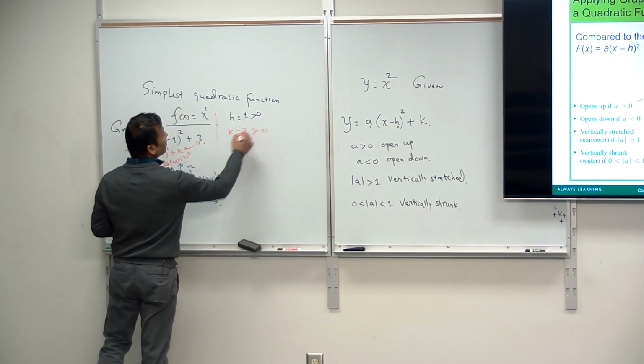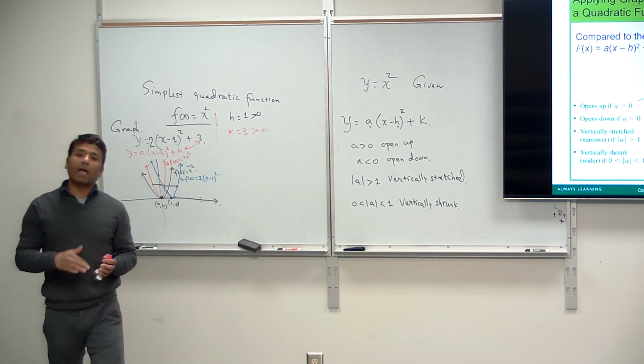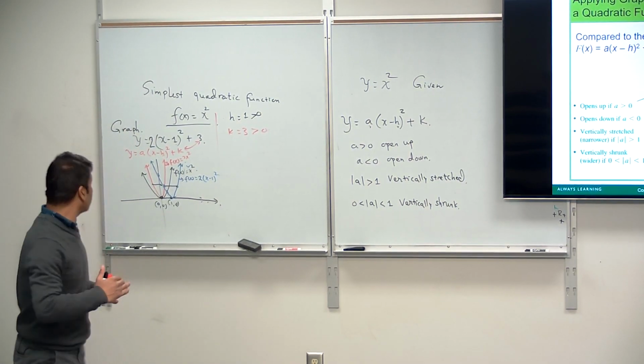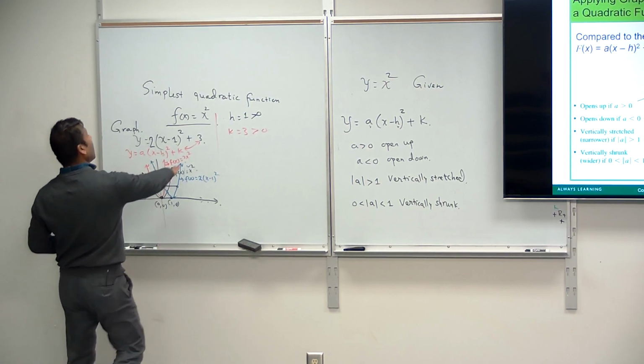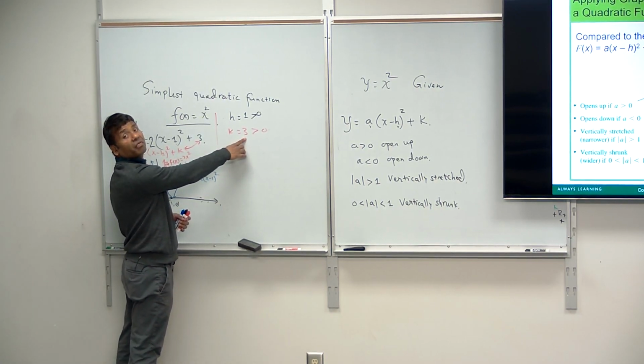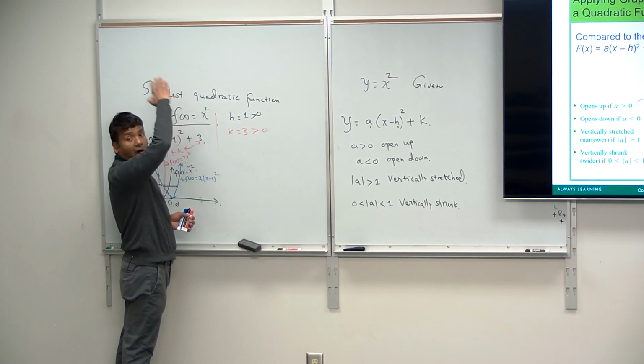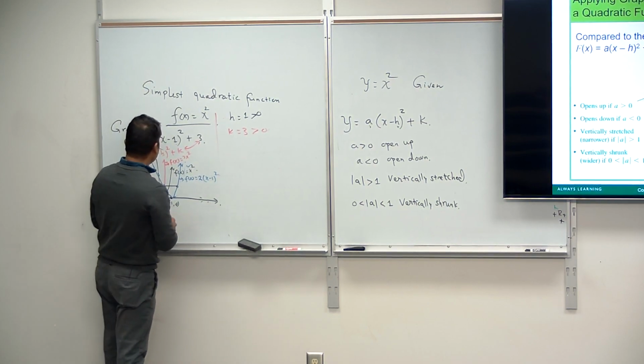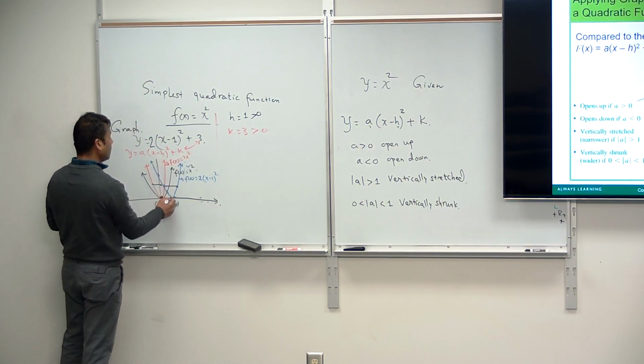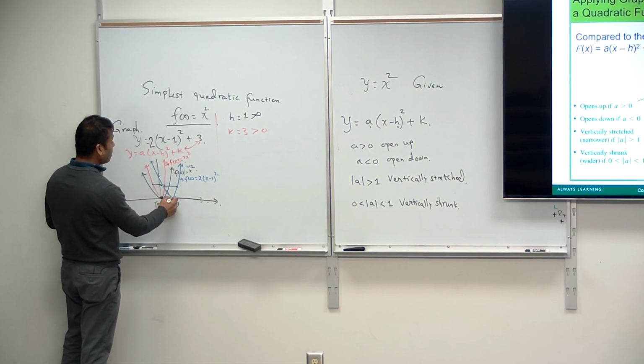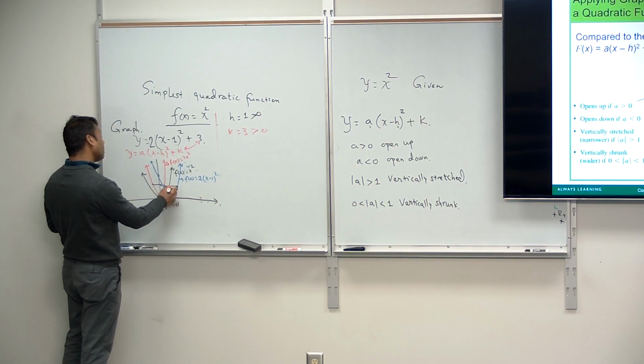And this is positive. If k is positive, you shift the blue one how many units? 3 units up. So now this one will be shifted 3 units. Now this is 1, 0, so it will go here, like it shifted 3 units. You know what I mean?